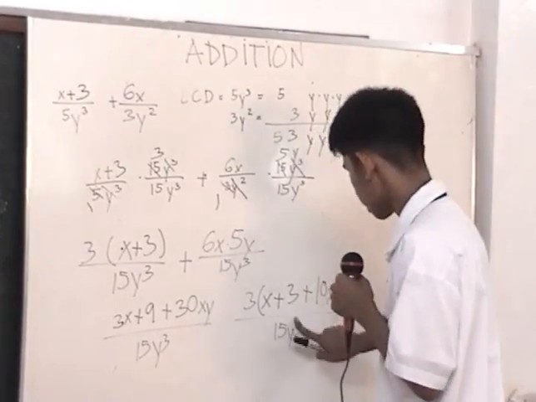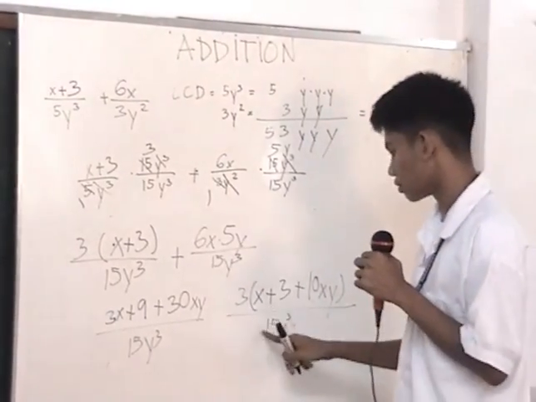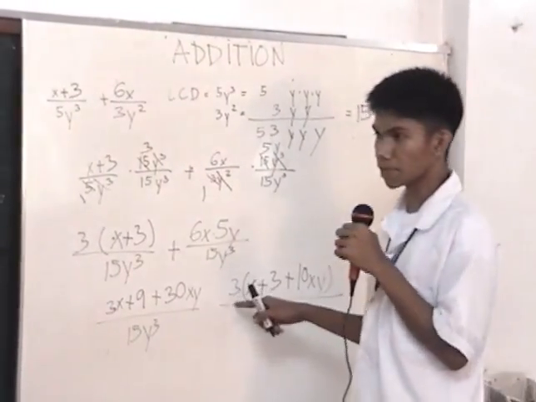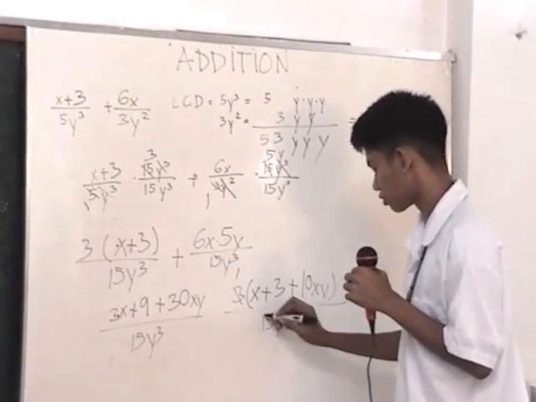We notice that they have a common factor of 3. 3 divided by 3 is equal to 1, and 15 divided by 3 is equal to 5.